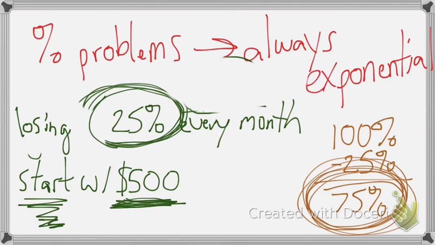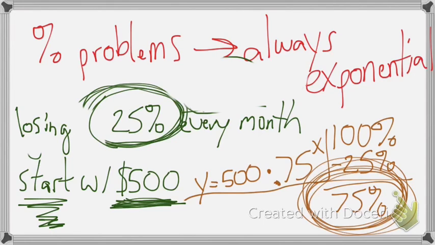So like the second month, we're going to have 75% of what we had the first month because we're losing 25. So when you write this equation, it would be very similar, except the 1.25 would just change to a 0.75, because we're losing it.